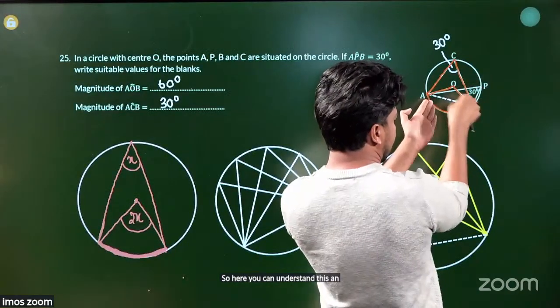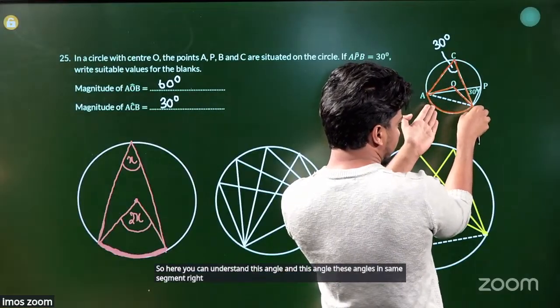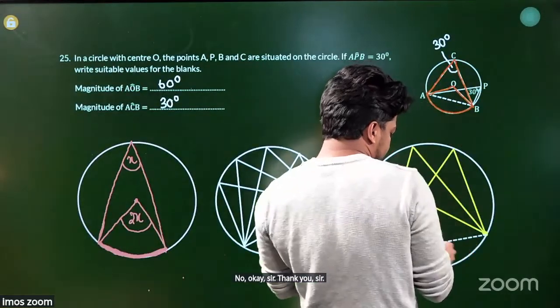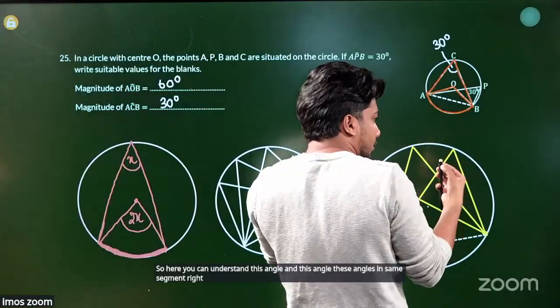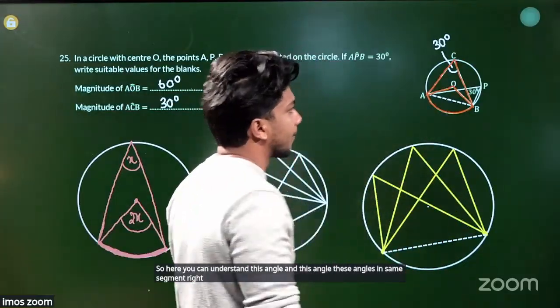So here you can understand this angle and this angle are angles in the same segment, right? Even though it is not drawn, we can imagine it, right? Okay, sir. Thank you, sir.